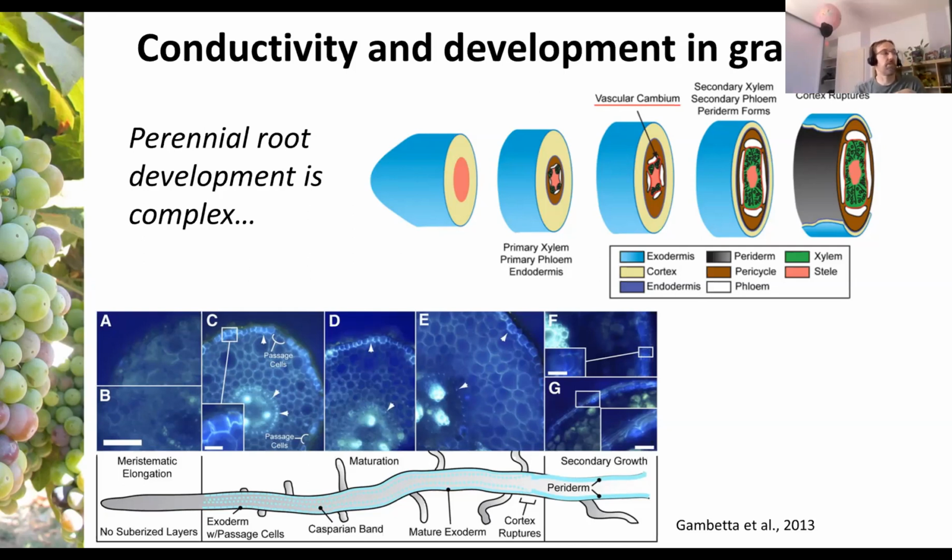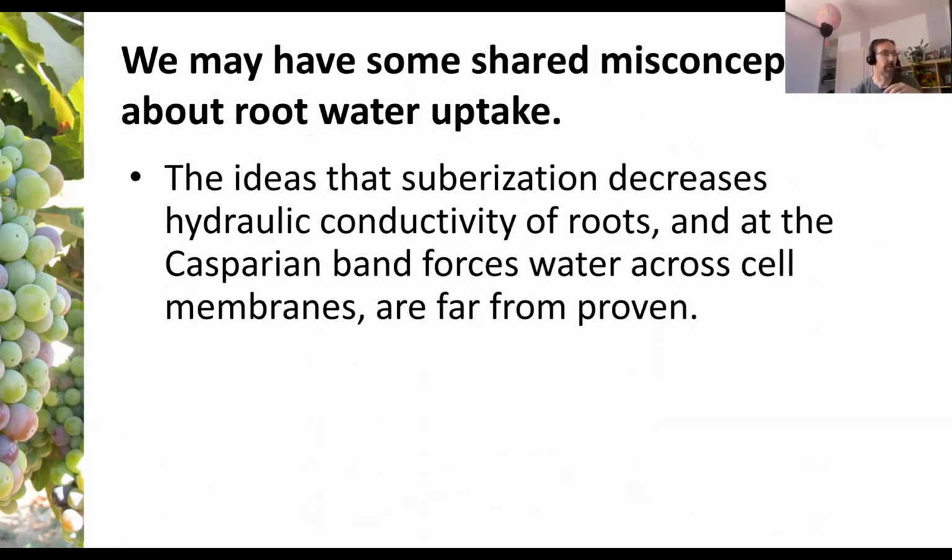And so I think that maybe when it comes to roots, there's a lot of textbook received knowledge that there may be some common misconceptions that we have. One of these misconceptions may be this idea that suberization really can decrease hydraulic conductivity of roots, and that the Casparian band forces water across membranes.